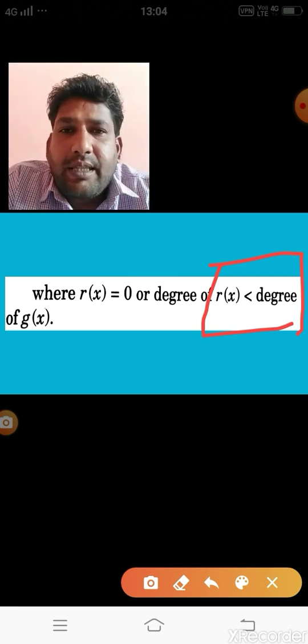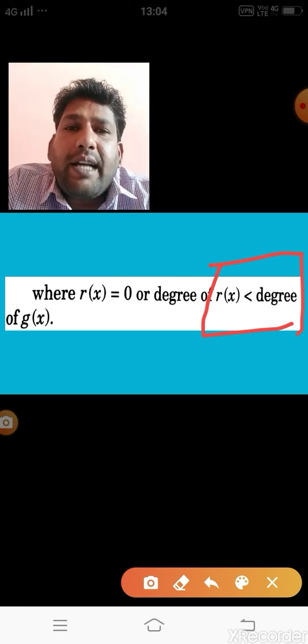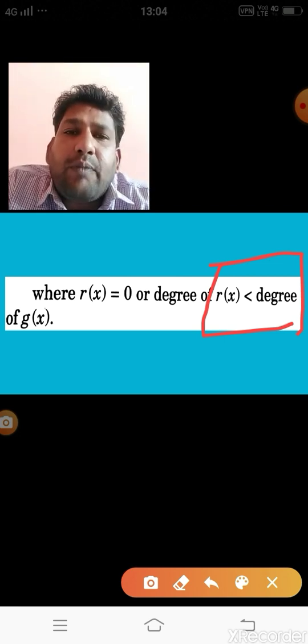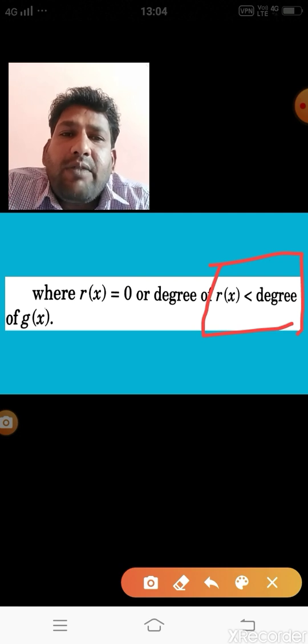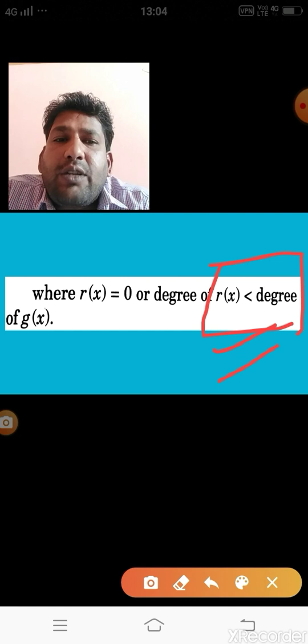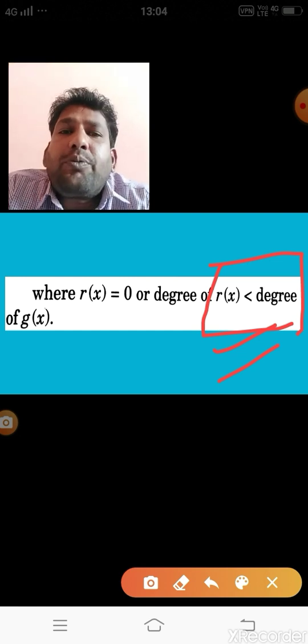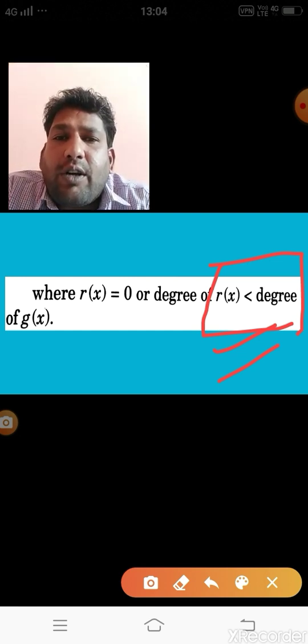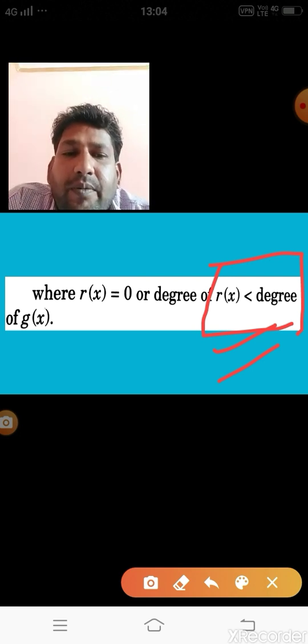Because in this chapter we have to divide polynomials, up to which step should we continue the division? We have to observe this. The degree of the remainder should be less than the degree of the divisor. If this condition is not met, it means we have to do further division.